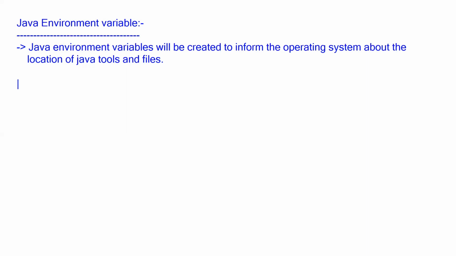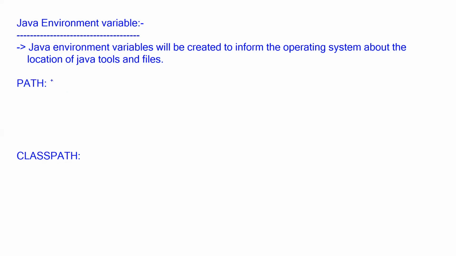That's why these environment variables are important. When you install Java, you need to create two environment variables. One is path and another one is classpath. The path variable will already be created in the machine, but you will be updating it. So what will you be updating in the path?